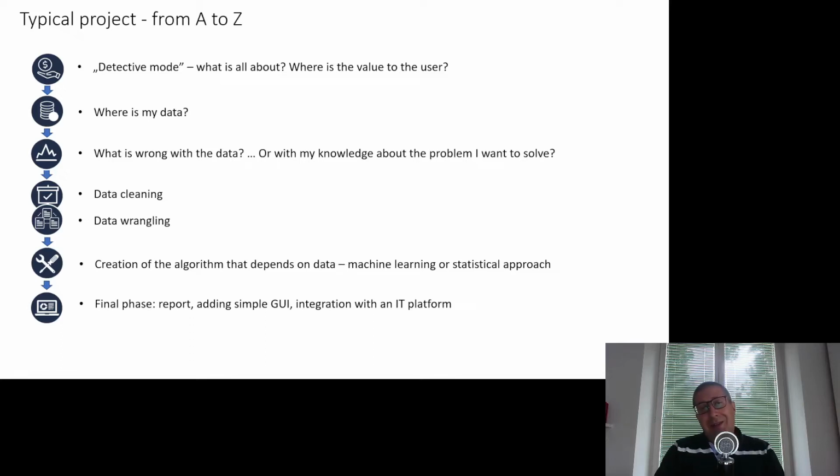Usually the next phase is dealing with the bad quality of the data. We need to understand what is wrong with the data that we acquired. Maybe the data are okay, but my knowledge about the process, about the domain, is not enough to properly interpret the data.